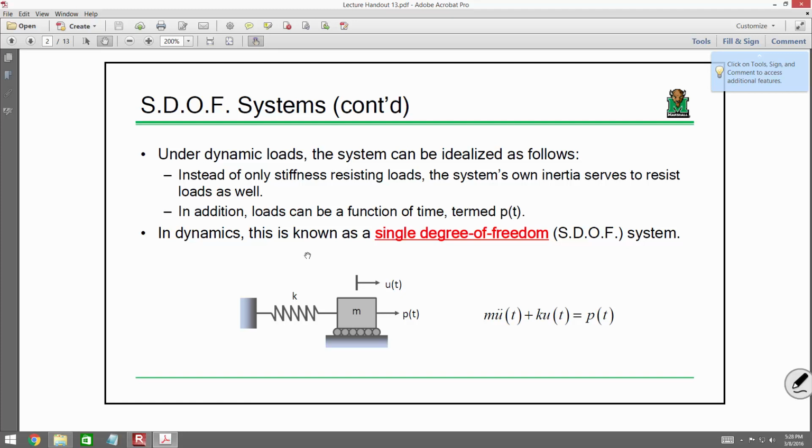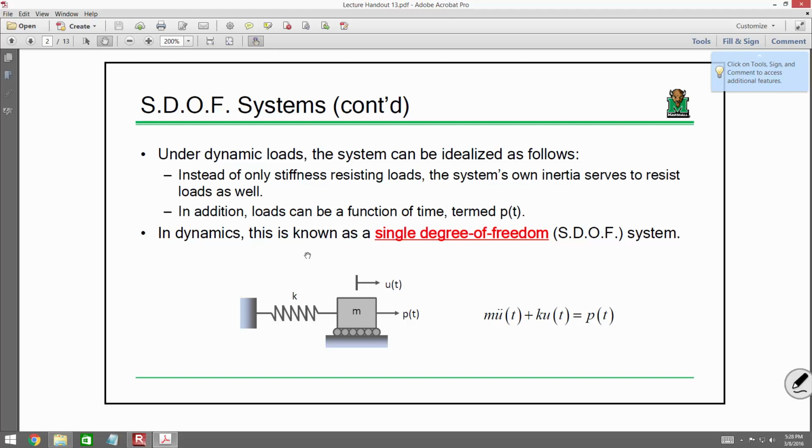So if that's the case, I can idealize a system now to look something like this. Before we were looking at spring systems, right? Force equals stiffness times displacement, and we represented stiffness as if it was a spring. Now that stiffness could be AE over L or whatever, but in the end this is really what we were talking about. Now I propose to you that there's another variable that we need to assess. It's mass.